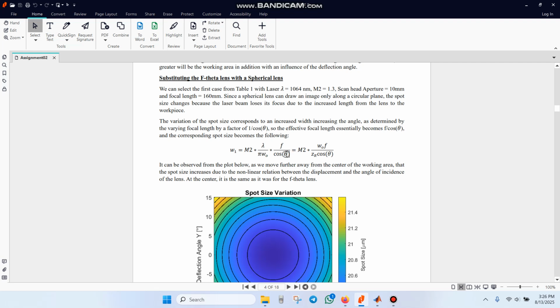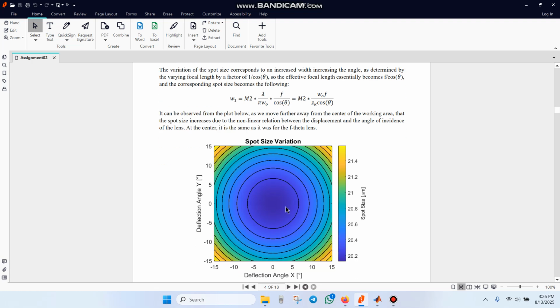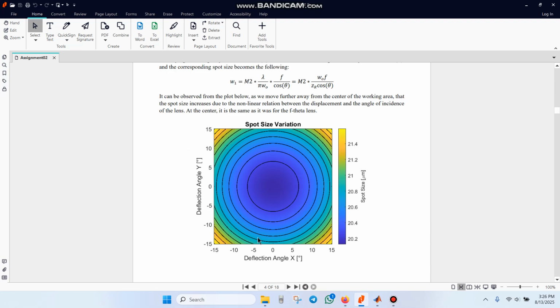Cos theta is basically opposite to having a linear relation between the displacement and the angle of incidence. From this contour plot, you can see that on the entire working area given by the x and y mirrors, the spot size tends to change as we move away from the center.